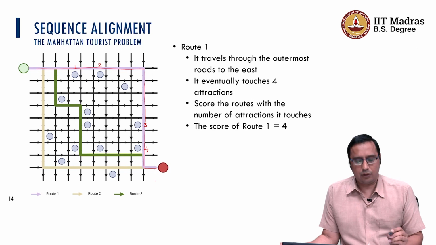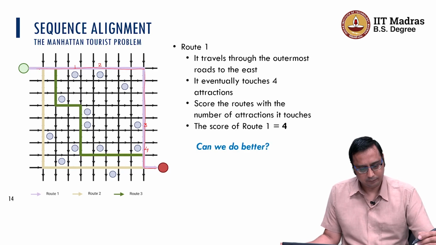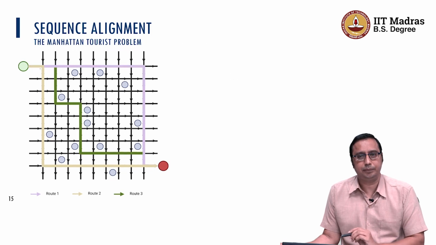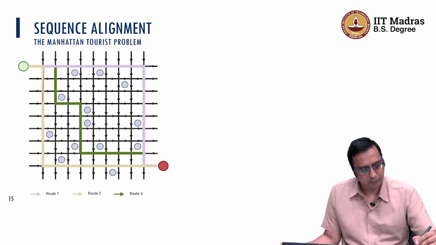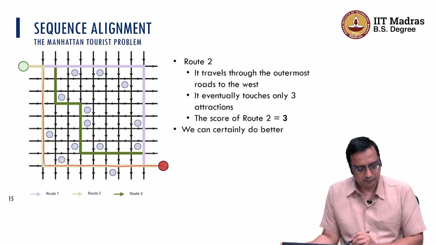Now let's look at route 2. Instead of going upward, I'll go downward. So we are asking the question, can we do better? I'm looking at route number 2. I'll go this path, this path, this path, and this path.